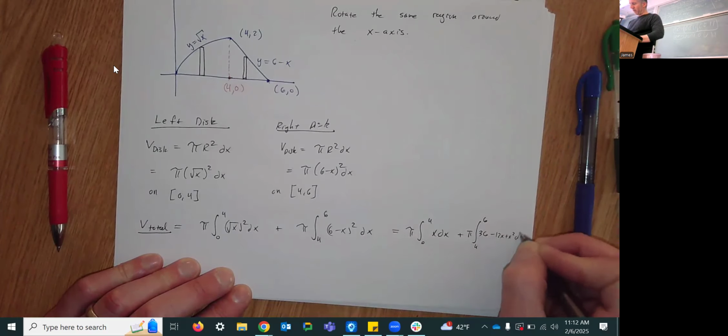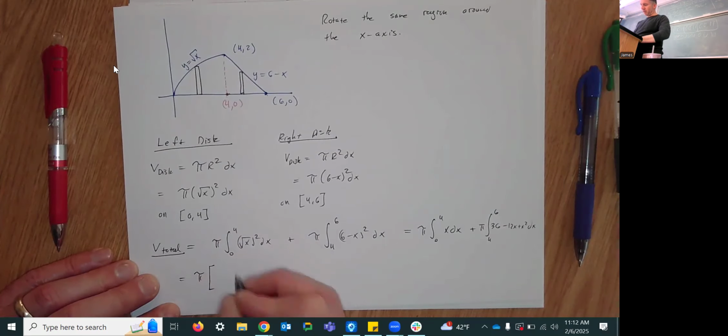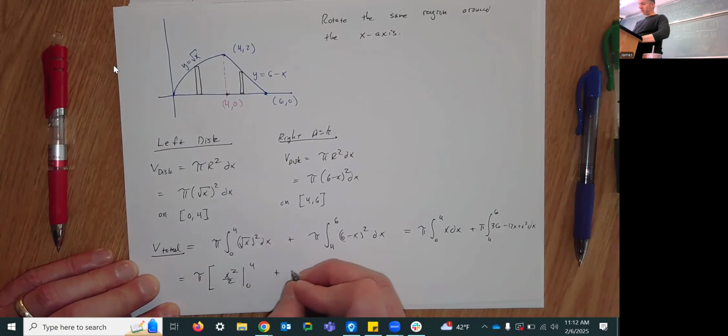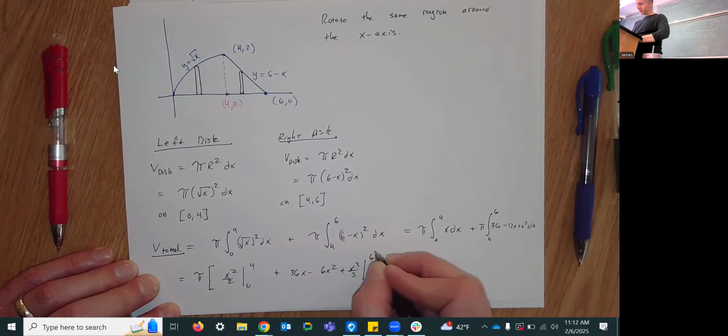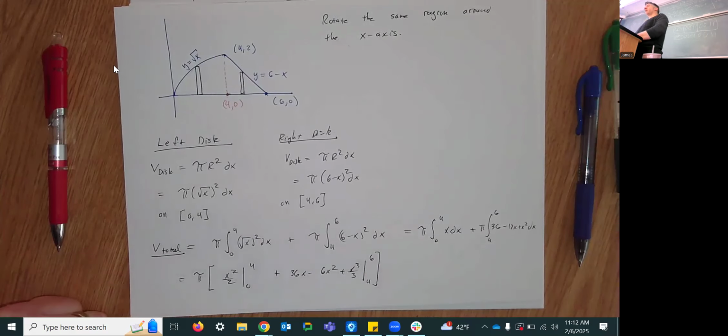I'm going to factor out the pi completely and say it's x squared over 2 evaluated from 0 to 4 plus 36x minus 12x squared over 2 plus x cubed over 3 evaluated from 4 to 6. And then you can plug in numbers and get numbers. Let's just leave it right there.